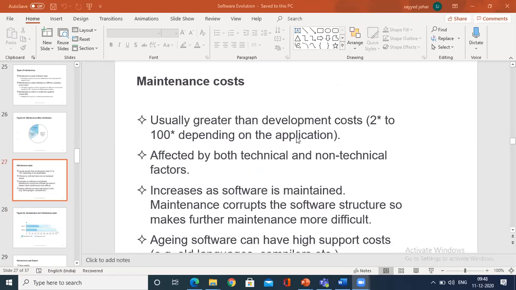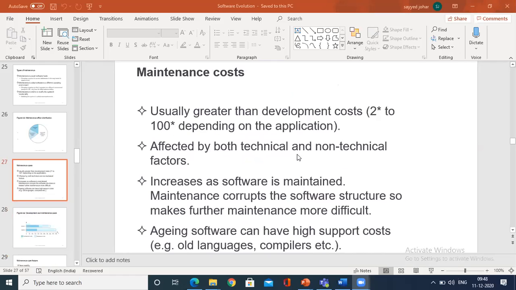See, that is what is usually greater than the development cost. How does the maintenance work? So the first point I would like to say, even in the last class I stressed, maintenance is one of the major factors.